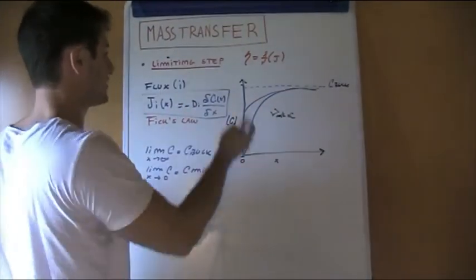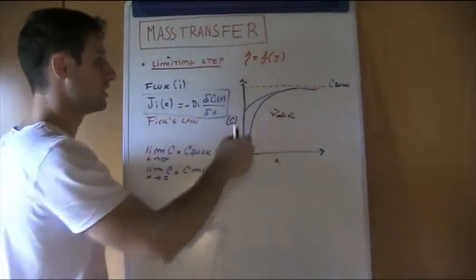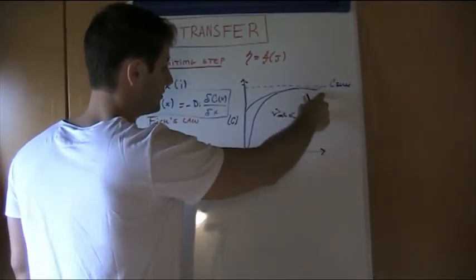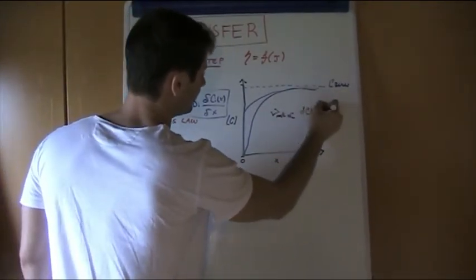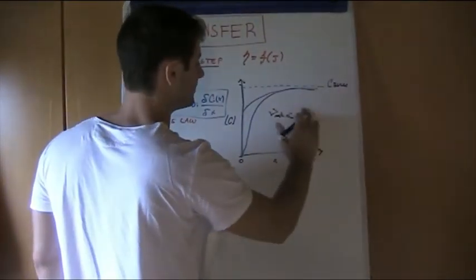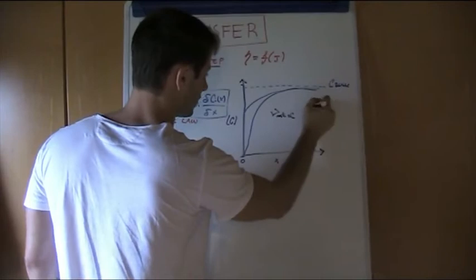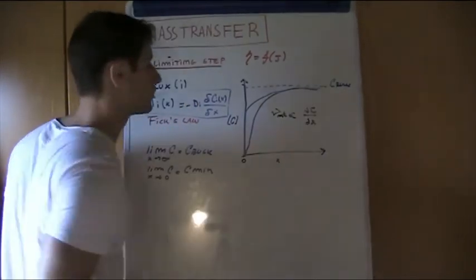So the speed of mass transfer is basically a function of what? Of the difference between the bulk and the surface. So basically an infinitesimal variation of concentration versus the distance. What does it mean?